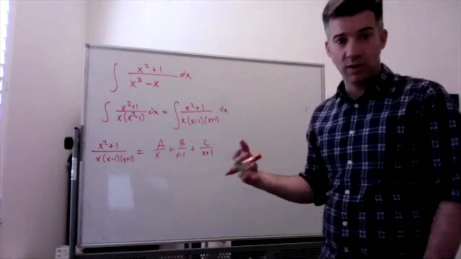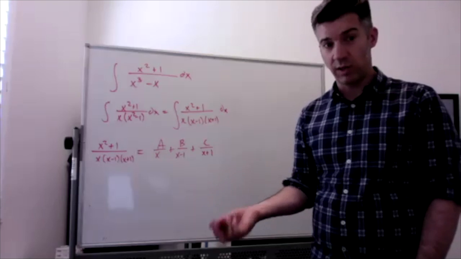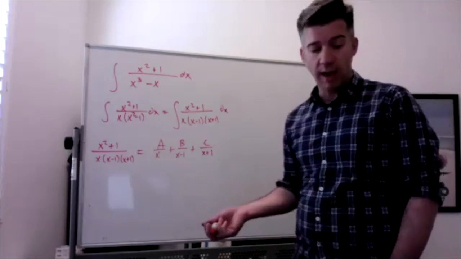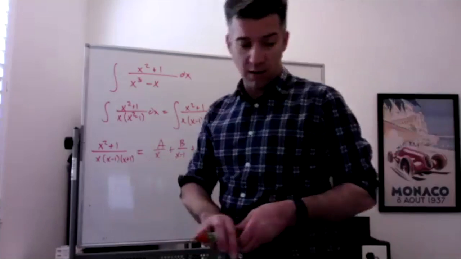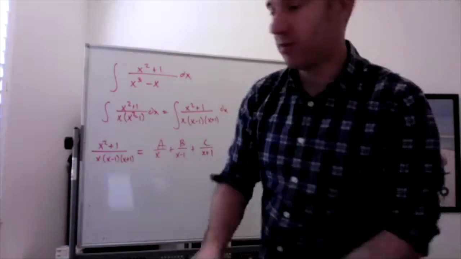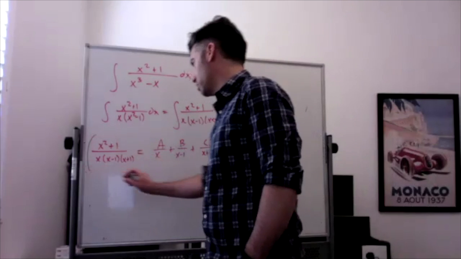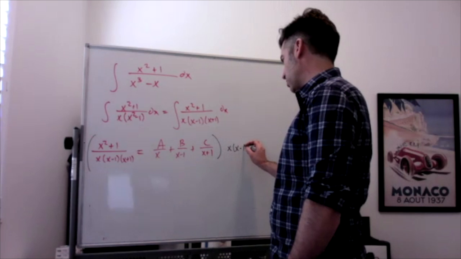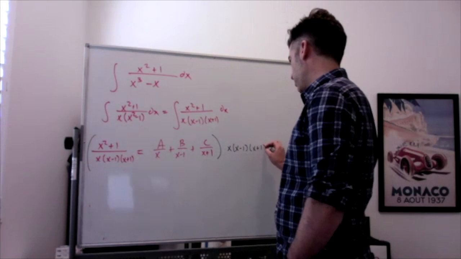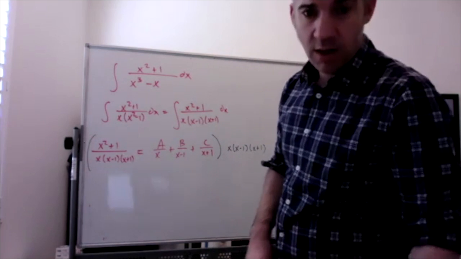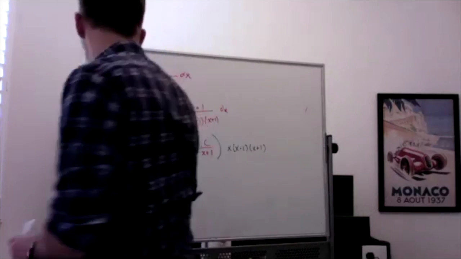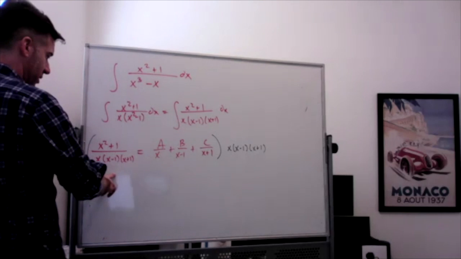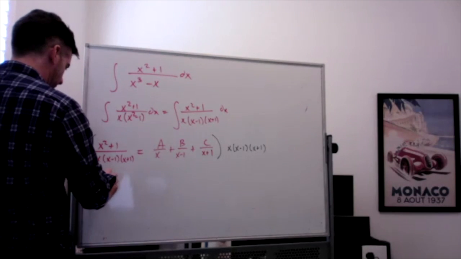Now, I showed a lot of work for the previous one. I'm going to show less work here because I want to show you the most efficient way to do this. Typically, the next step is to multiply everything by the common denominator. I'm going to multiply both sides of this equation by the denominator x times x minus 1 times x plus 1. On this side, I'm just going to get x squared plus 1.